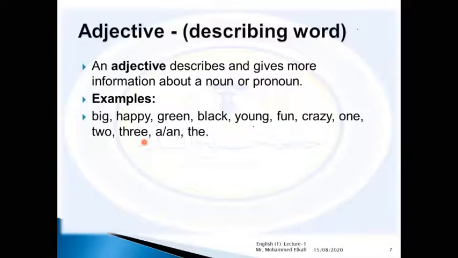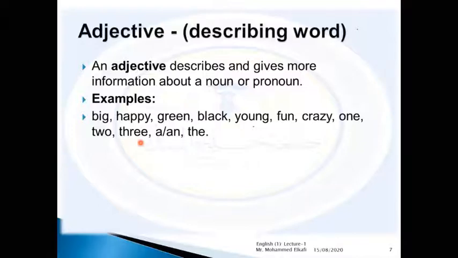When I say ordinal, what do we mean? Instead of saying 1, we say the first. The first student was Ahmed. Instead of saying 2, we say the second student was Ibrahim, for example. The third was Yasin.